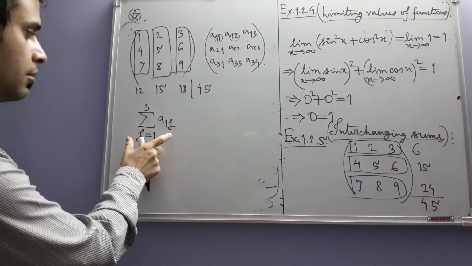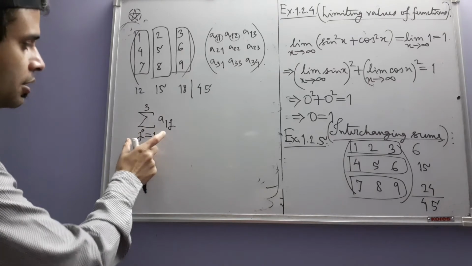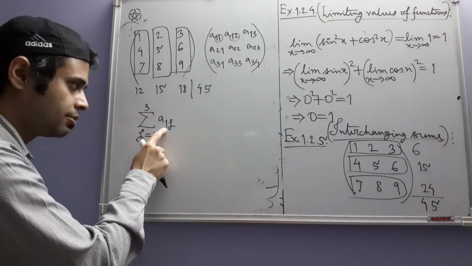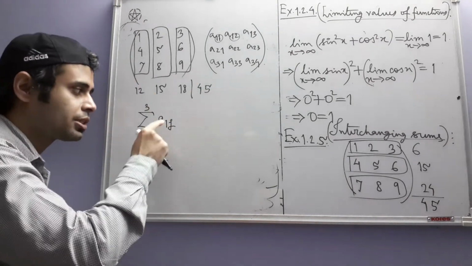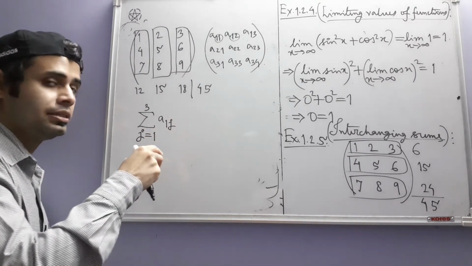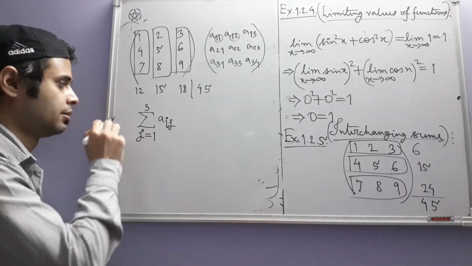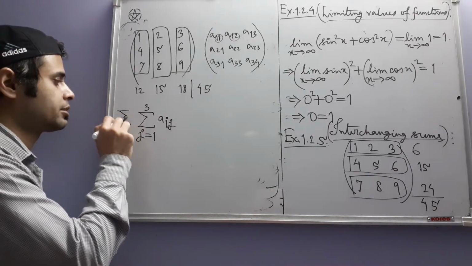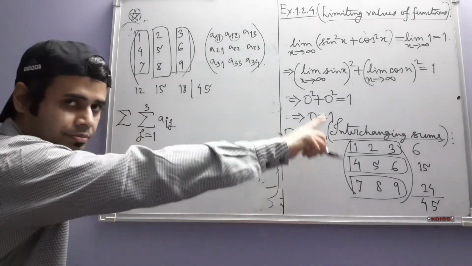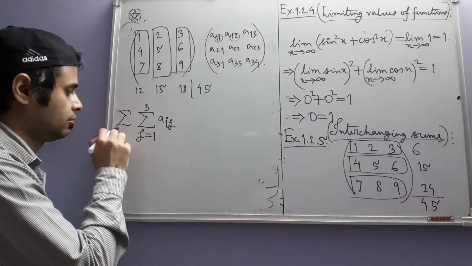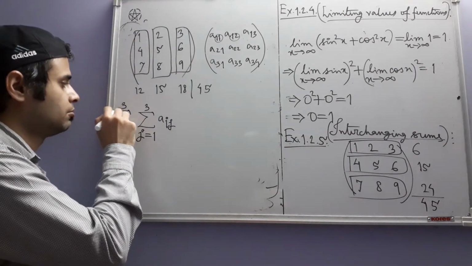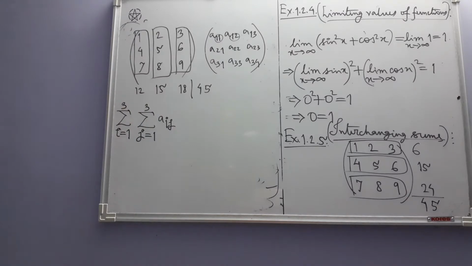So this is the first row sum. Similarly, in the second row sum, here there will be 2. In the third row sum, here there will be 3. In general, in the ith row sum, here there will be I. And if we take the sum of all the row sums, then it will go from 1 to 3.